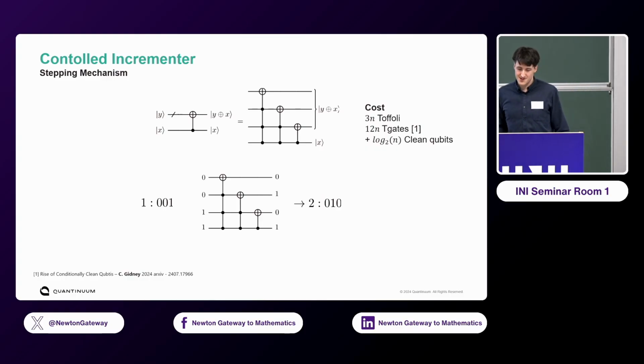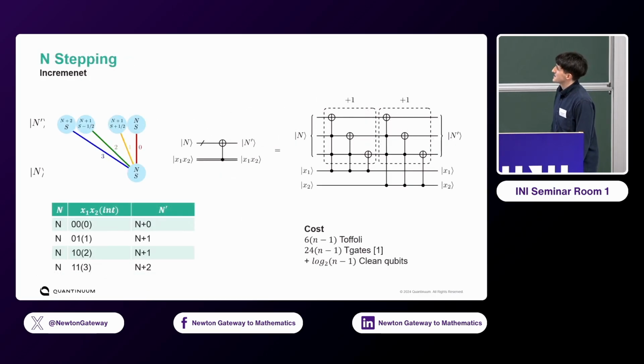And there's an efficient compilation for this. So the incrementation for the n case is slightly more complicated because, depending on if we're going on the 0, 1, 2, or 3 branch, we need to increment n by either 0, n plus 1, or n plus 2. You can see this is quite straightforward. We just apply a double incrementer controlled on the various incoming. And the truth table is given here.